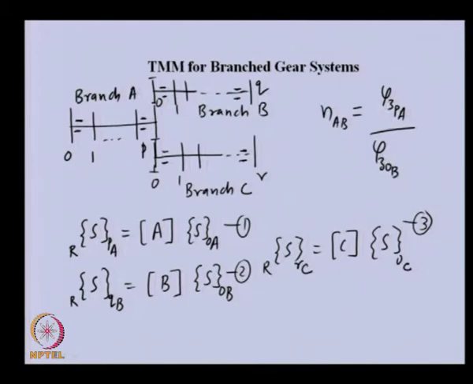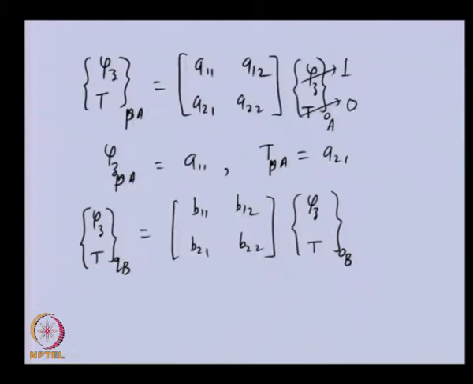So, you can see that we can replace this particular displacement with phi Z at pth station of A divided by the gear ratio, A to B, and this we already obtained earlier as A11. So, this can be written as A11 divided by NAB.